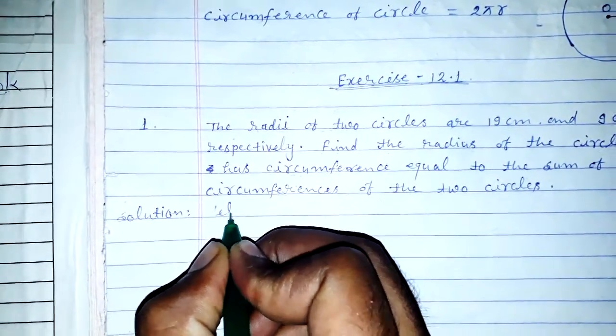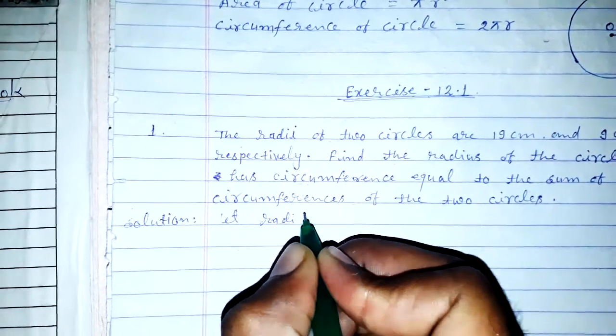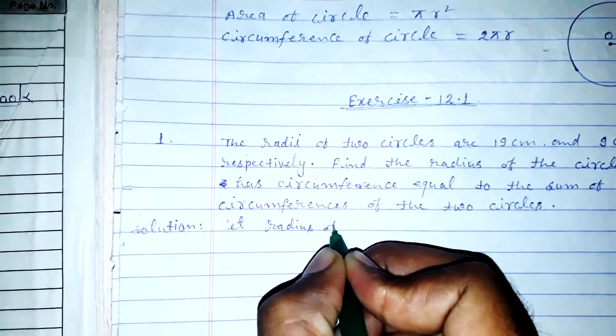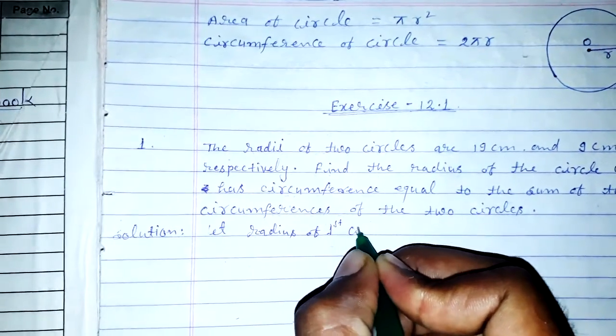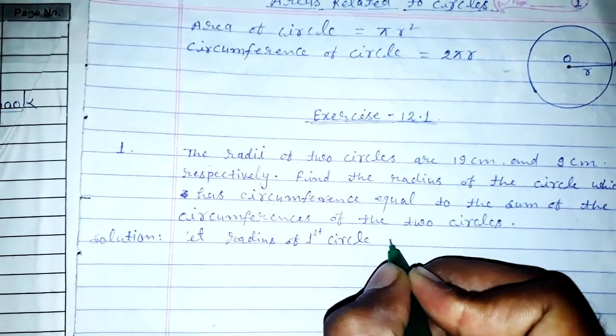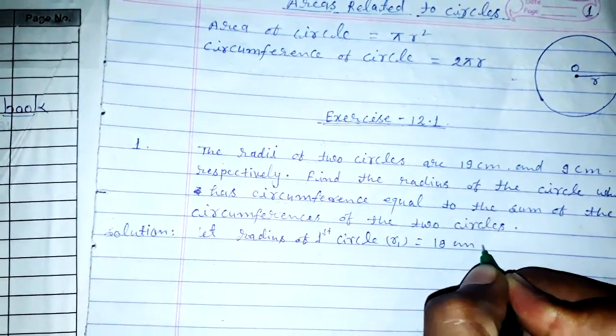Let the radius of the first circle, r1, be equal to 19 centimeter.